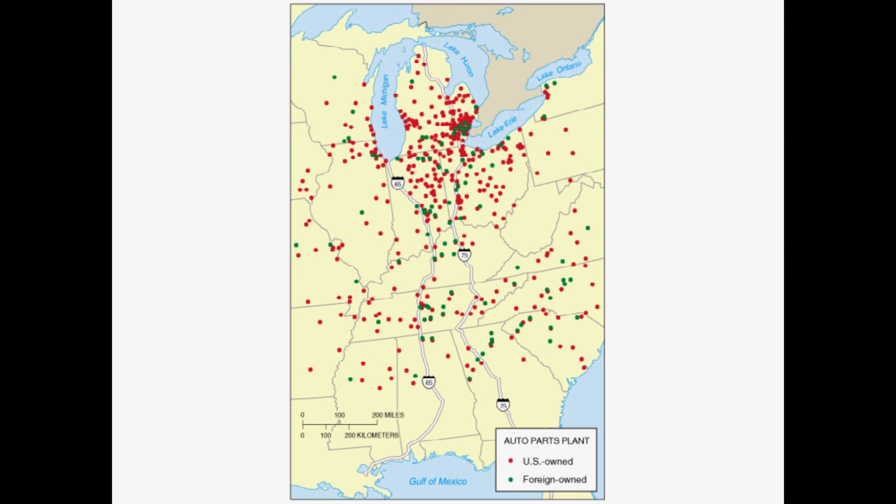This is a map that shows the location of automobile parts facilities. The red dots are U.S.-owned parts industry, and the green dots are foreign-owned auto part facilities. We know that traditionally the North is the center of automobile manufacturing, but in the last few decades we see the spread of automobile industries from the traditional north toward the south.